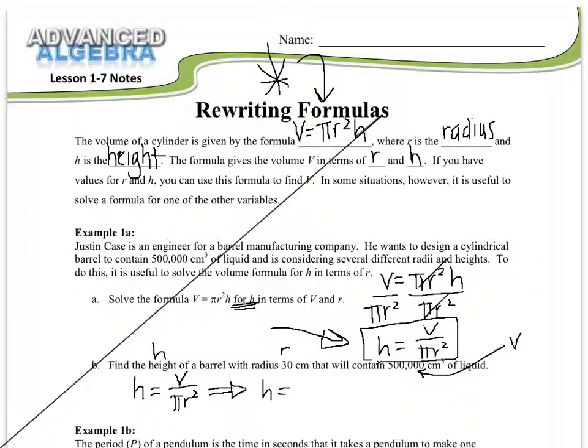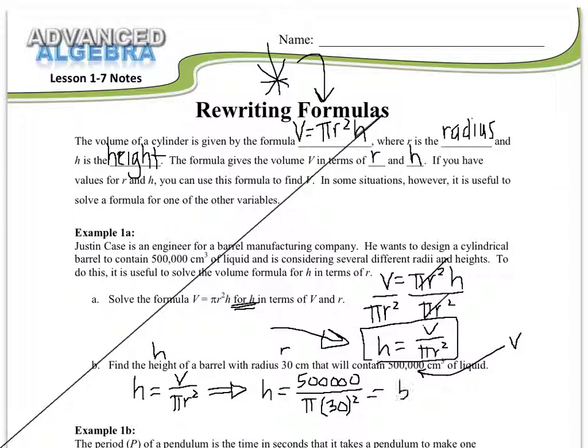So h equals, we have a volume of 500,000 divided by pi times 30 squared. Make sure to square the 30 before you multiply by the pi. That's very important. That's the order of operations. Exponents get done before multiplication.